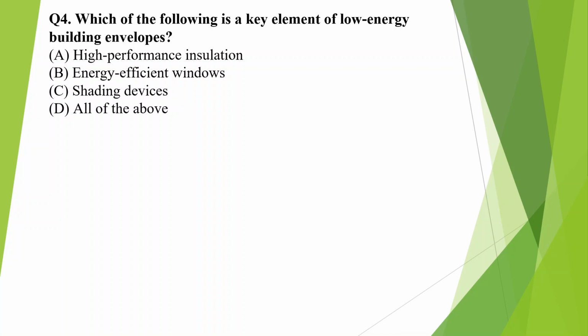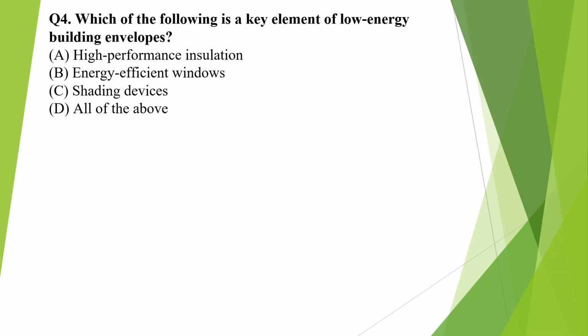If you are talking about the low energy building envelope, it includes all that we have already studied about the functions of the building envelope. It includes high performance insulation, energy efficient windows, and shading devices also. So option D will be the correct answer.